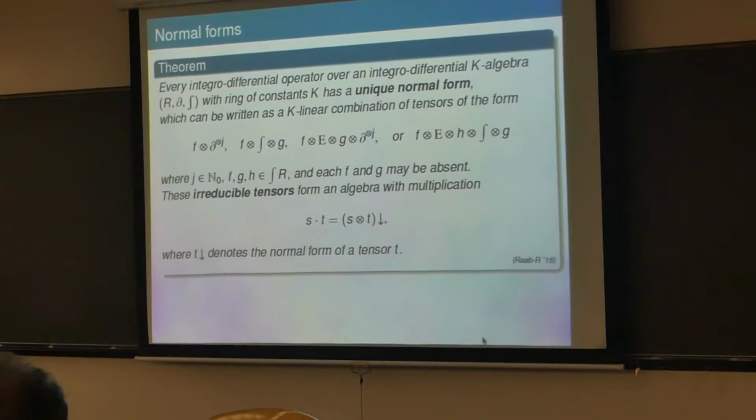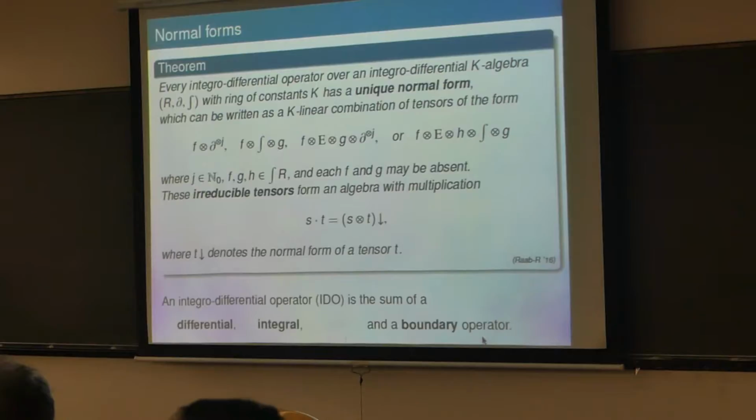And we can really now compute constructively in this algebra of integral differential operators. If we have two irreducible tensors, we compute the product, and then use the reduction system to find out the normal form. So you can effectively compute in this integral differential algebra of operators, computing normal forms using the 14 rules that we've seen before.